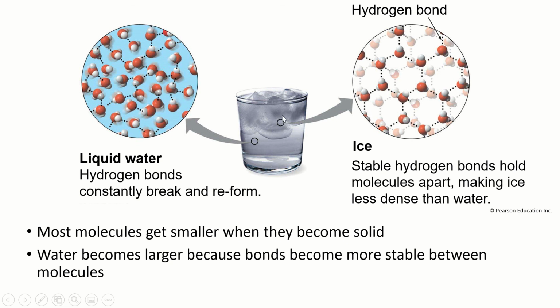When water becomes ice, when it solidifies, then it separates into a grid so that there is one hydrogen bond between each hydrogen and oxygen in the water. And because of the way that works, you get these hexagonal groupings.